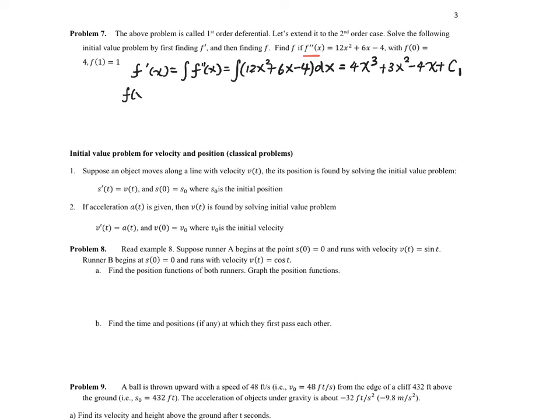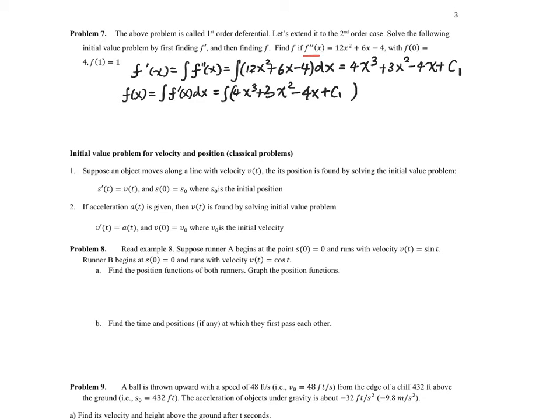Next, I'm going to find my f, which is the antiderivative of f prime, which means we are going to integrate this one more time. Minus 4x plus c1.